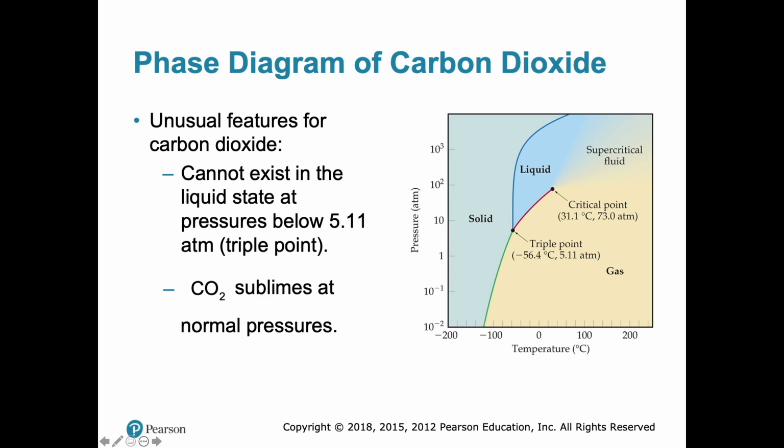Is it the sublimation line, or is it the line between liquid and solid and liquid and gas? It's a sublimation line, right? And that's why solid CO2 can go straight to being a gas. It's because at 1 atm, which is our atmospheric pressure, it hits the line of sublimation, right?